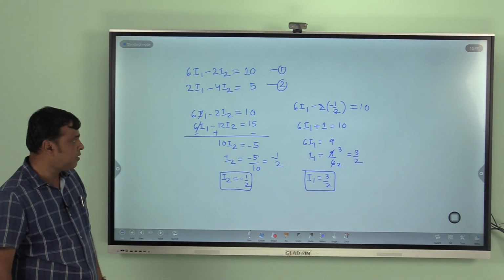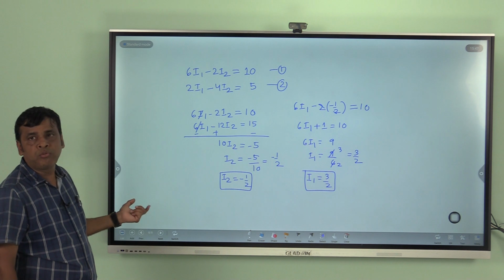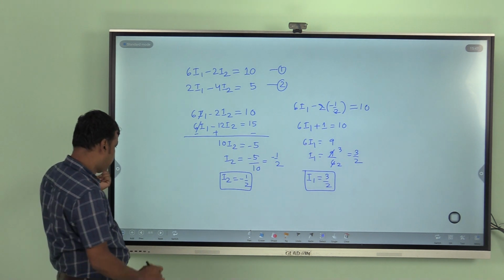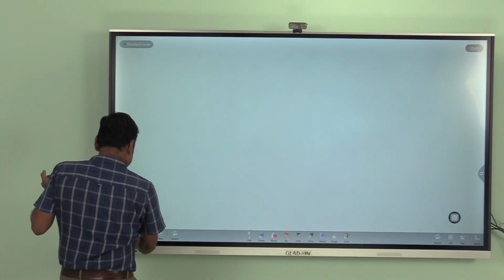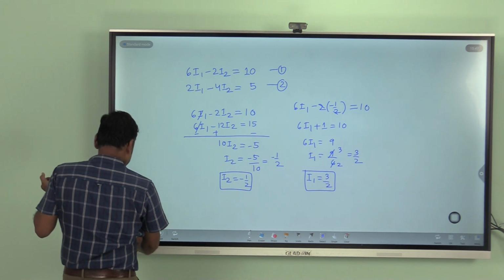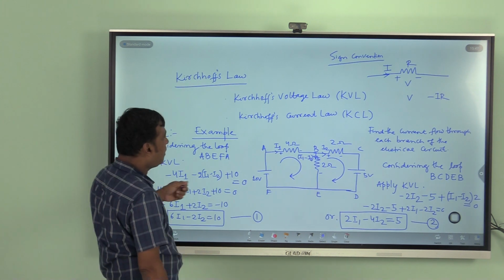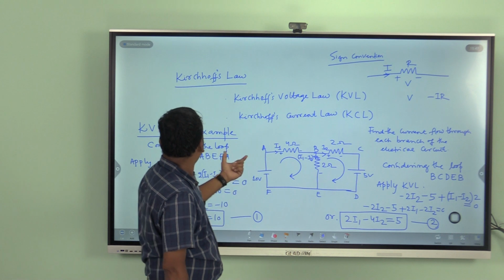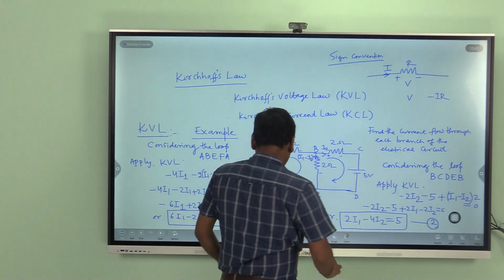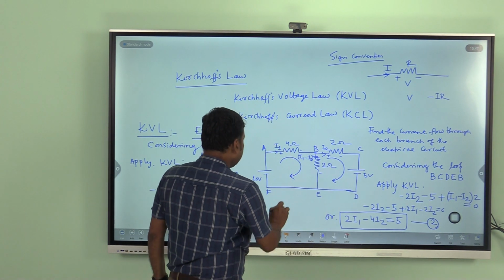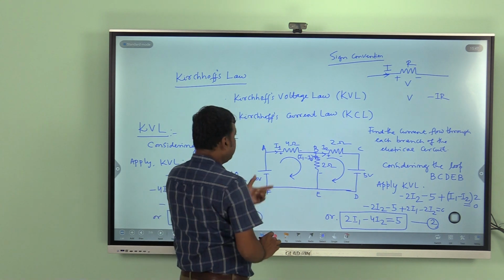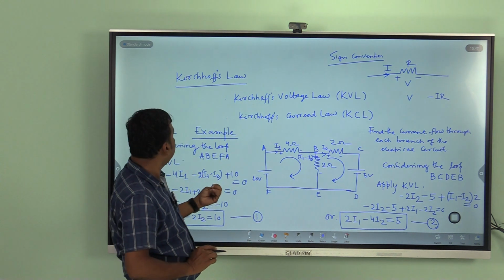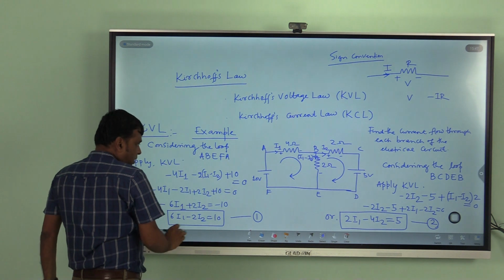Next, we will calculate the amount of current through each branch of the circuit. I already got I1.